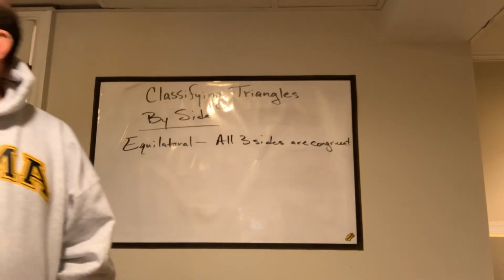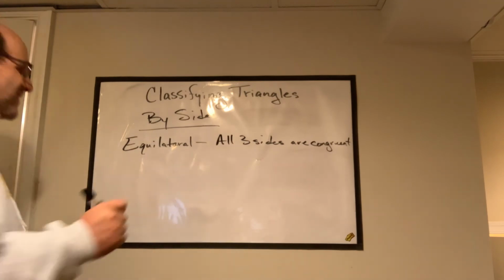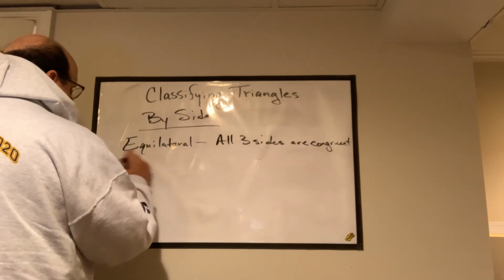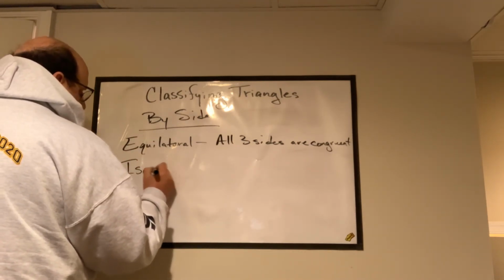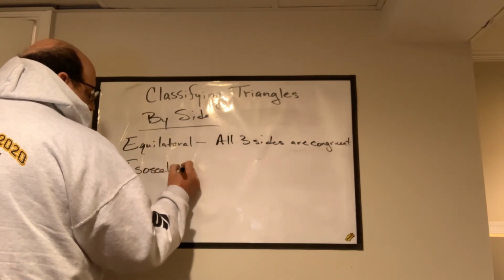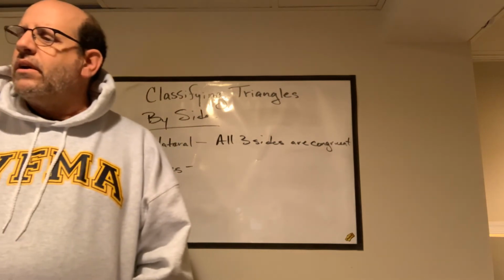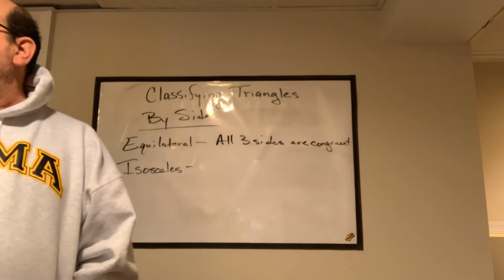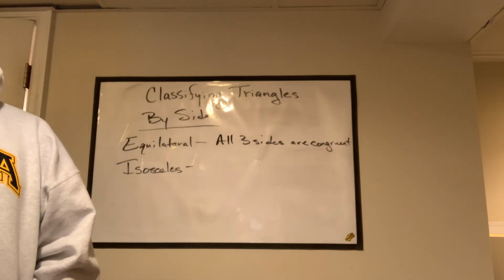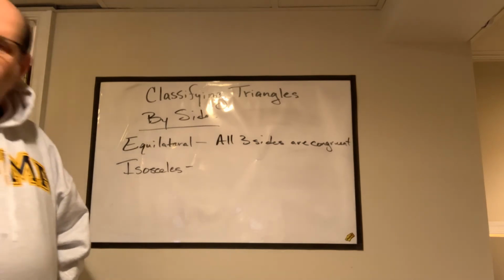The next definition in line is the isosceles triangle. And I know you remember this. The isosceles triangle has two sides that are congruent.